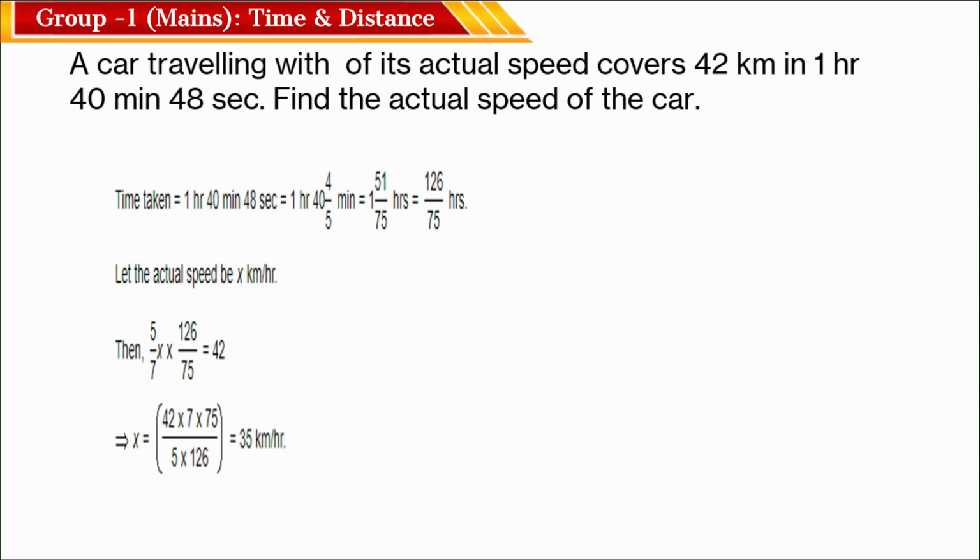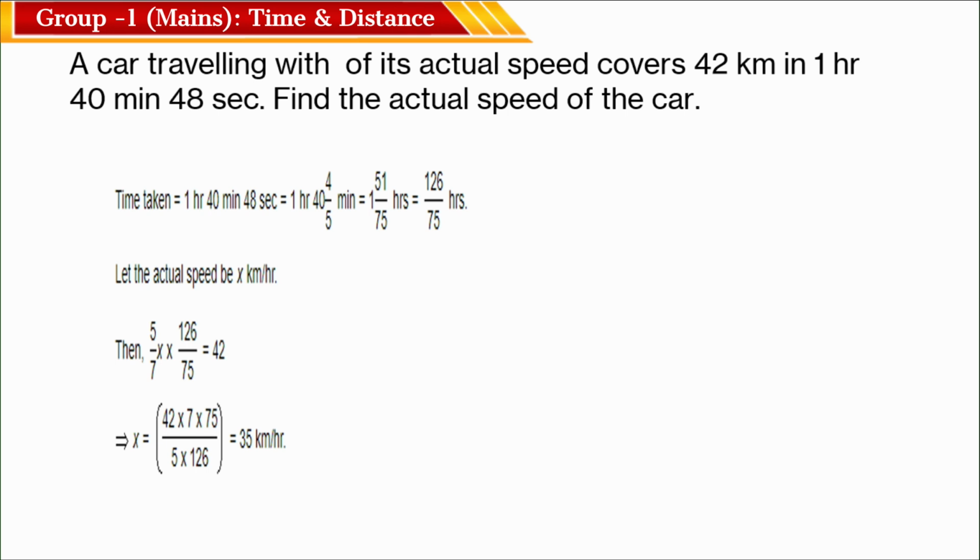A car travelling with of its actual speed covers 42 kilometers in 1 hour, 40 minutes, 48 seconds. 42 kilometers in 1 hour 40 minutes 48 seconds. Then find the actual speed of the car. Okay.